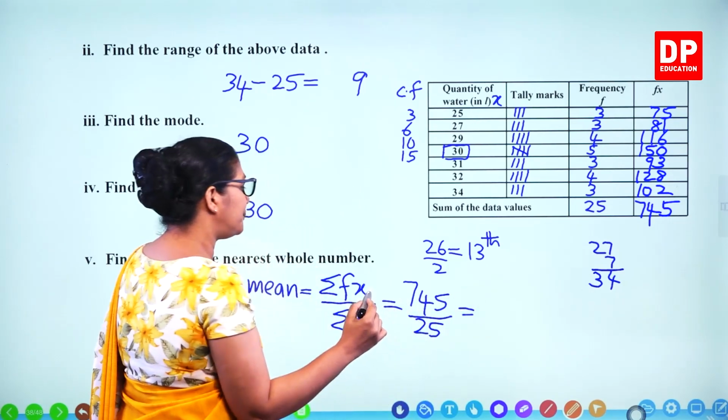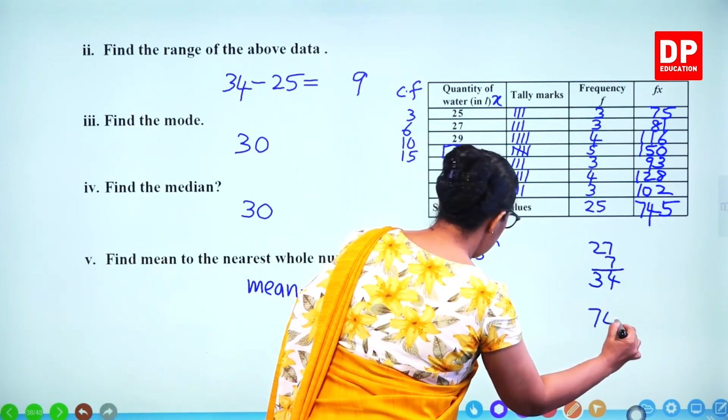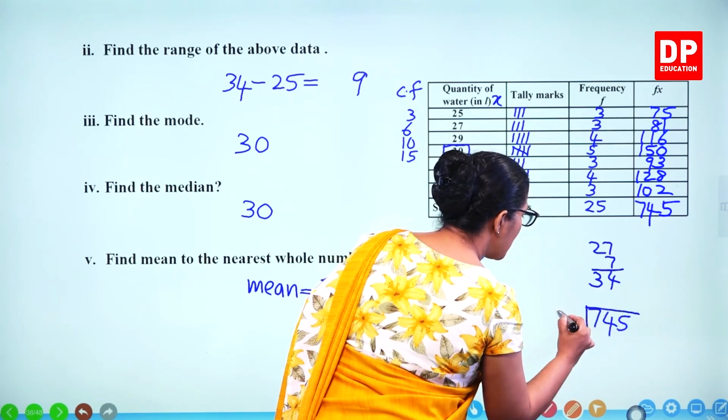So what's the value? We'll divide and see. 745 divided by 25.